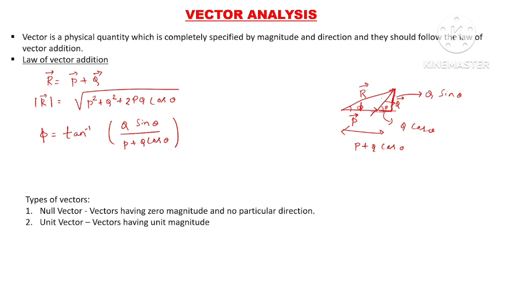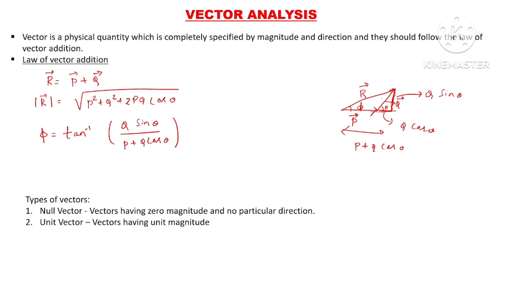Now there are different types of vectors, like the null vector, which has zero magnitude and no particular direction. We can call a point a null vector, or any physical quantity whose initial and final point coincide at the same point.